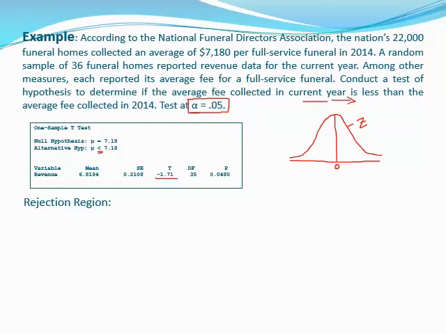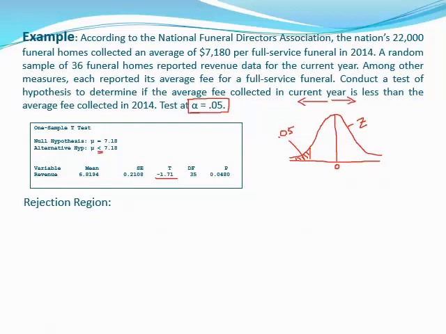That's appropriate if we're doing confidence intervals or not equal to tests, where you're interested, is it bigger than or less than $7,180? But that's not what we're asked here. We're asked, is it less than? And so we're going to take that entire alpha and put it in the less than side of the curve. So we're going to put 0.05 in the lower tail, the less than tail.